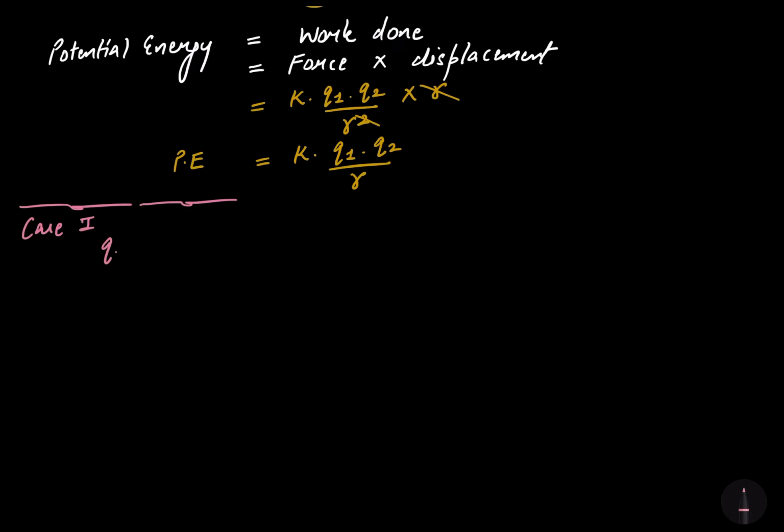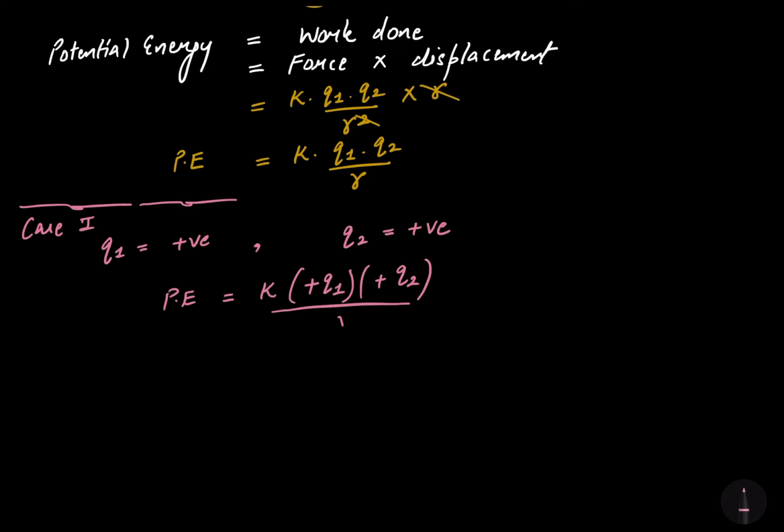If my Q1 is positive and Q2 is also positive, the potential energy comes out to be K into plus Q1 into plus Q2 divided by small r.